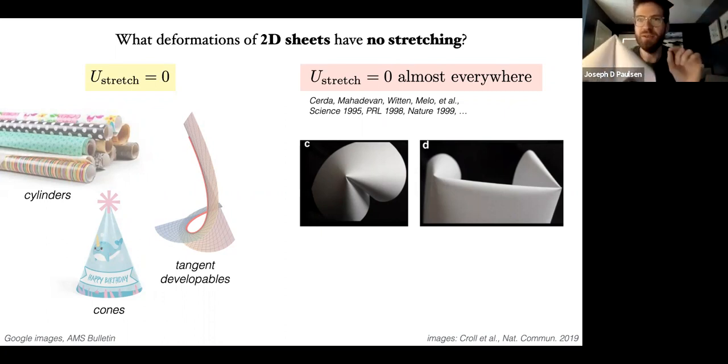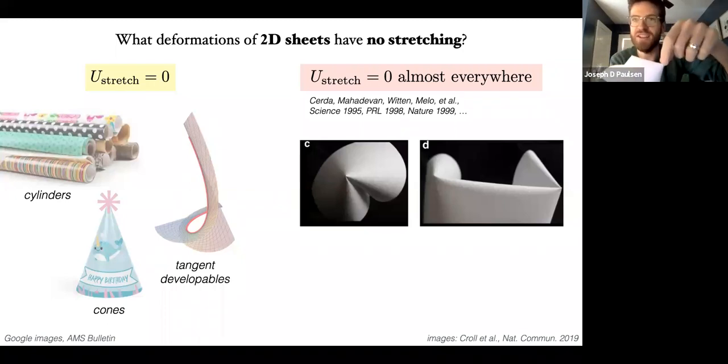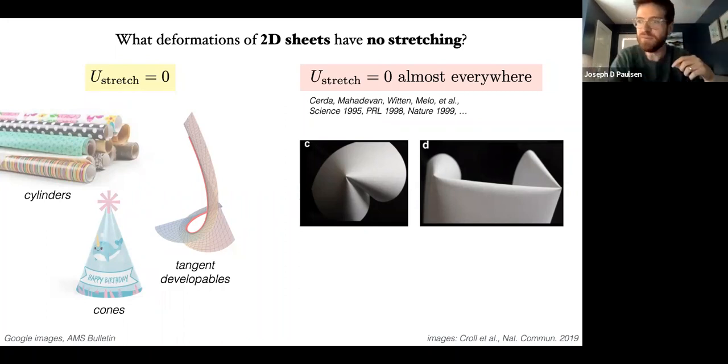If you take 2 of these D-cones and put them in proximity to one another, you get what's called a stretching ridge. And I can't help but point out, since Tom Witten's on the call, Lobkovsky and Witten and others are famous for this ridge. This is concentrated stretching along a line that joins these 2 points. This is a huge fundamental insight into how paper or any other thin object behaves when you confine it.